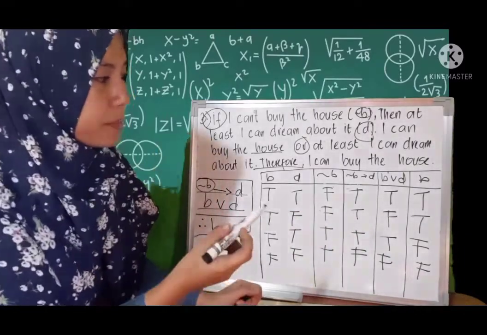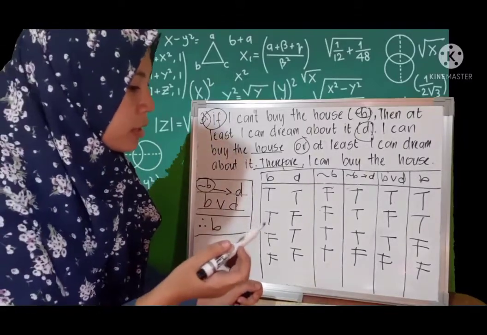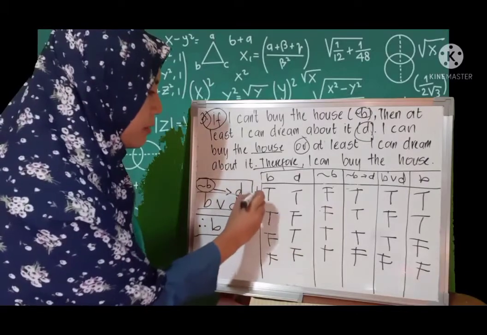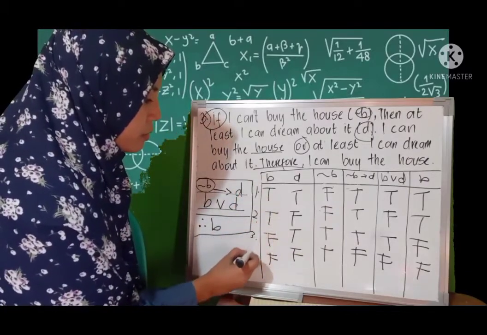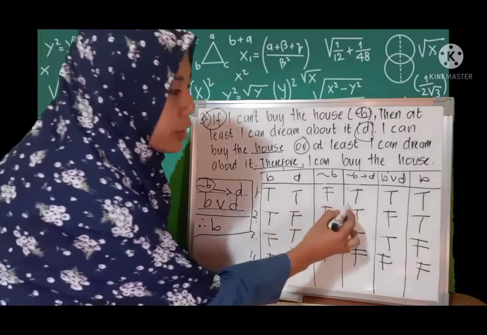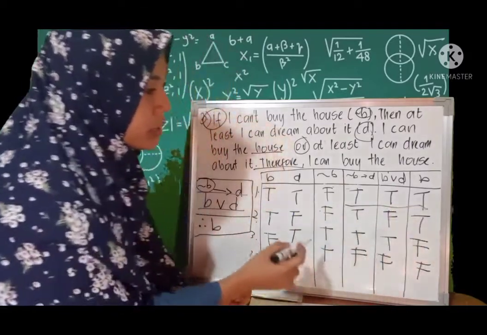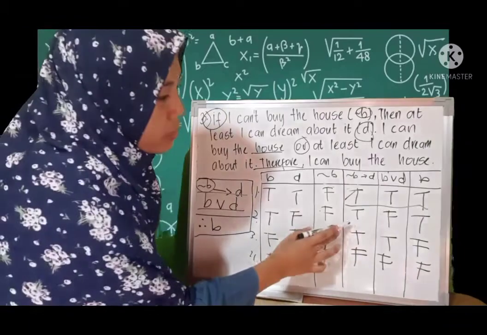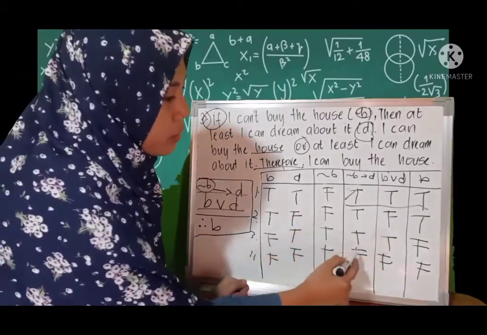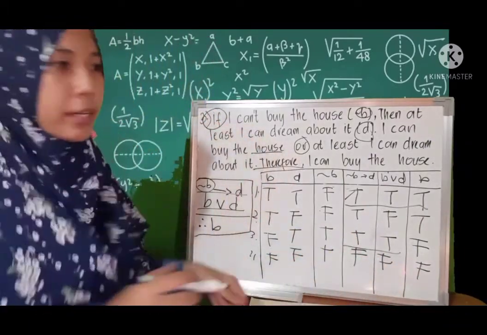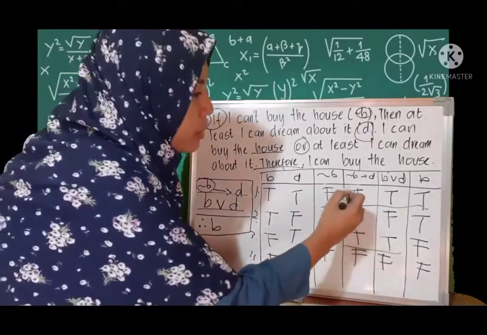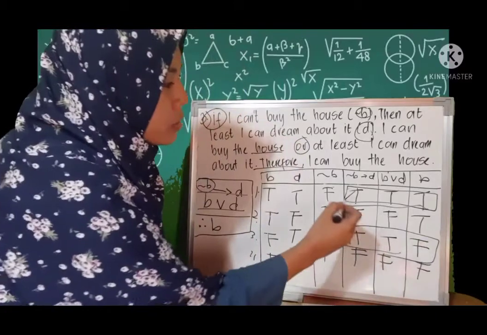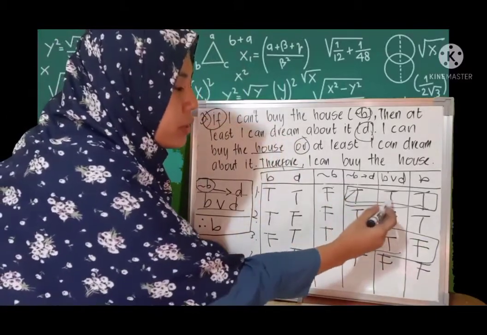So, sa first column, first row, meron tayong true and true. So, true and false, hindi. Sa true and true, so, yan. So, true and true, ito lang ang makuha natin at ito.